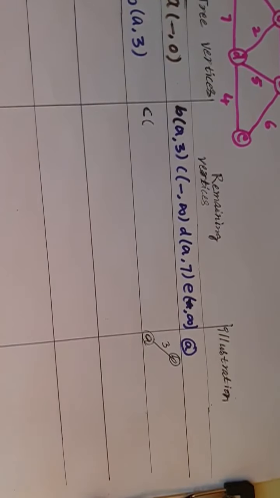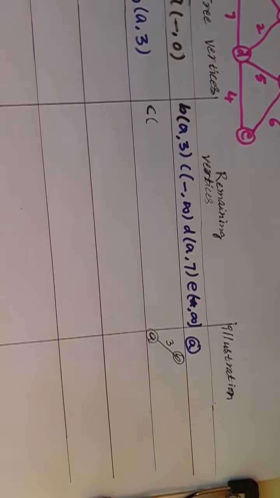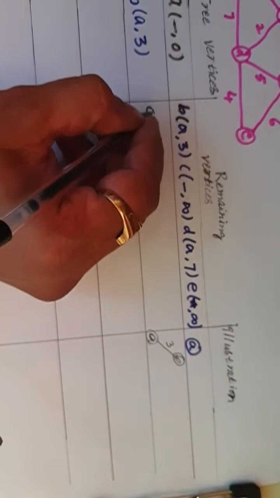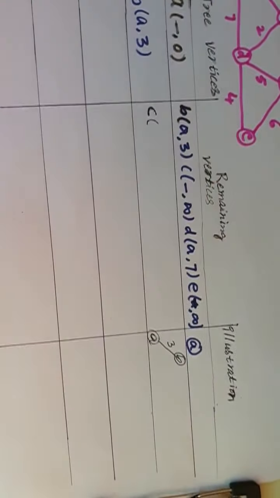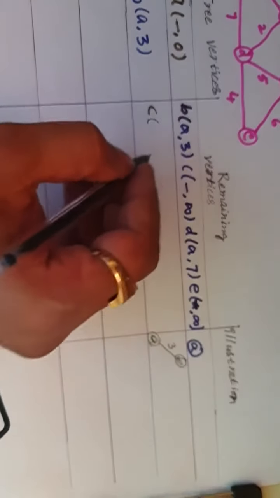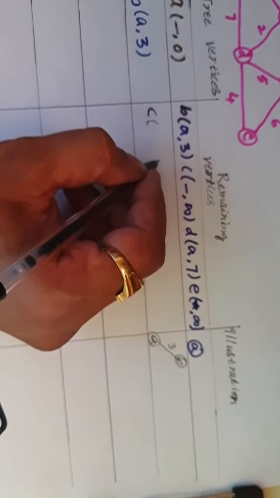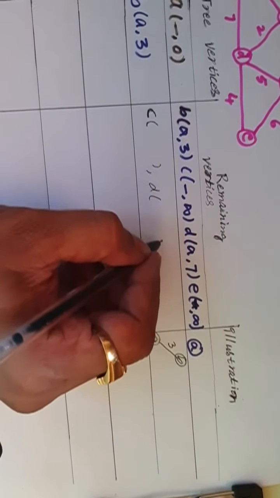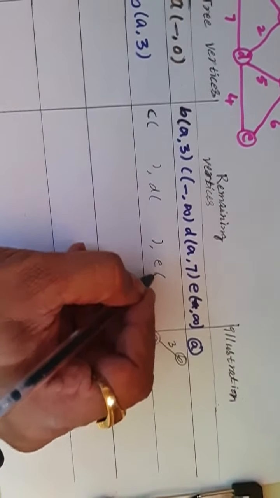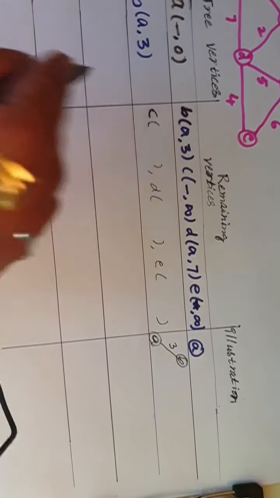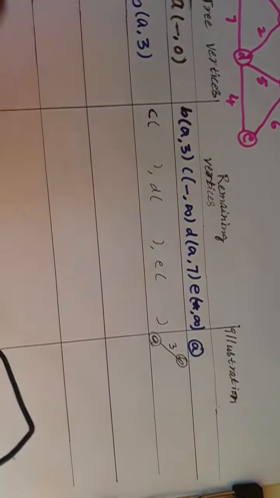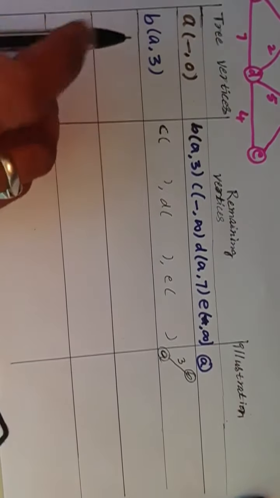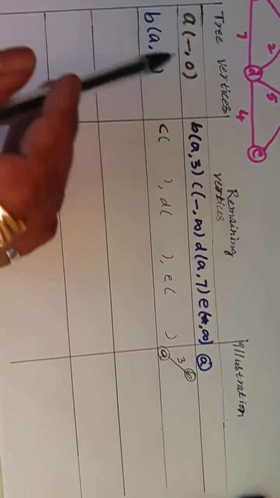Now you update the cost information and nearest vertex information for the remaining vertices. The remaining vertices are c, d, and e.